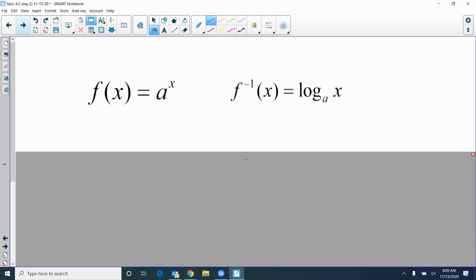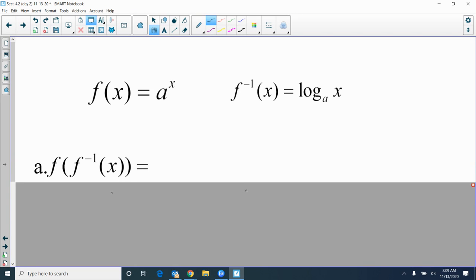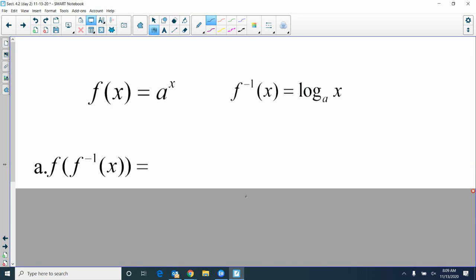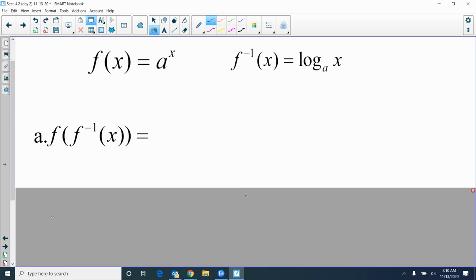All right, let's consider this. F of x and its inverse. F of x equals a to the x. The inverse is the log base a of x. That's always going to be the case. Going back to our inverses, f of f inverse of x. Let's take a look at that. I take the inverse and plug it into the x of f.